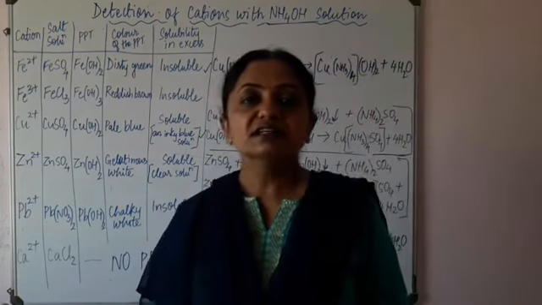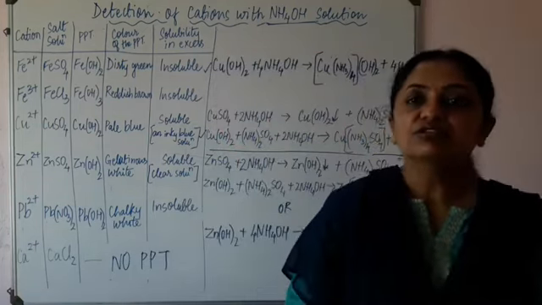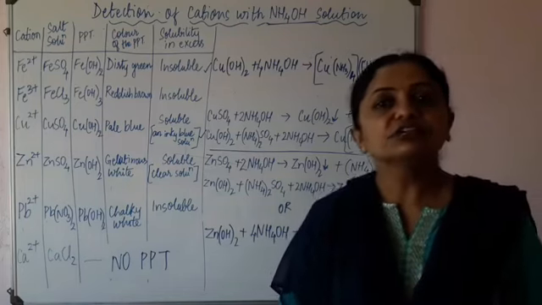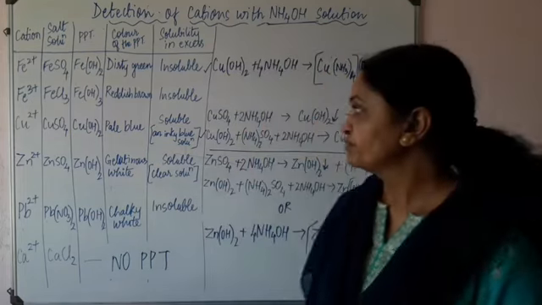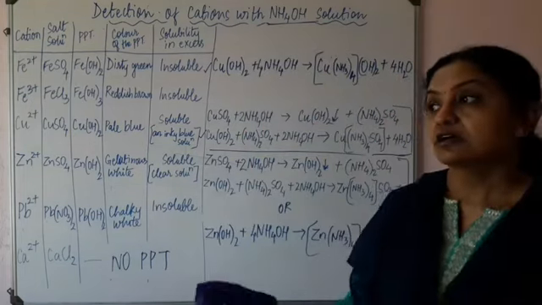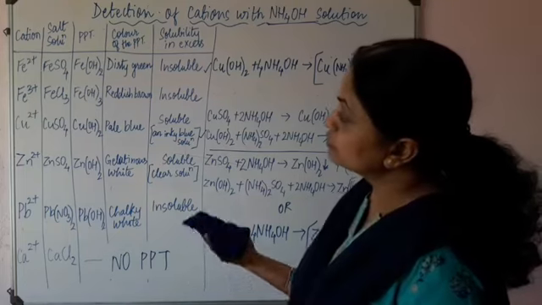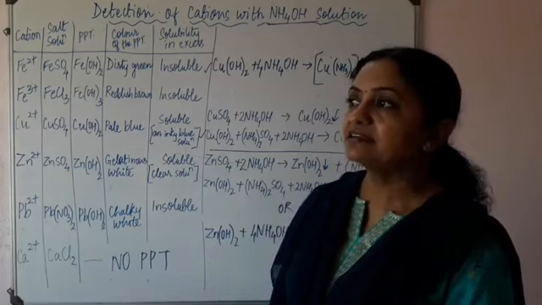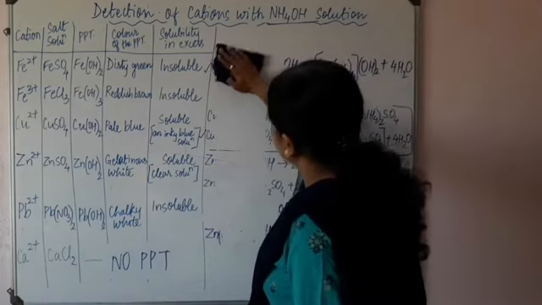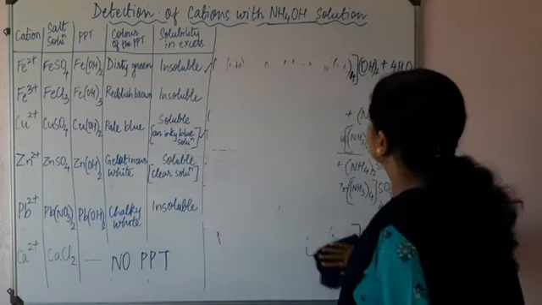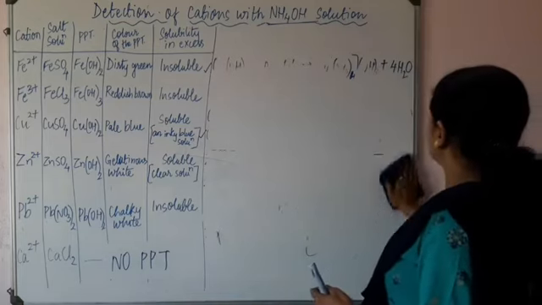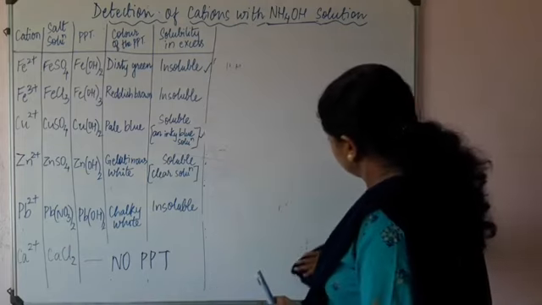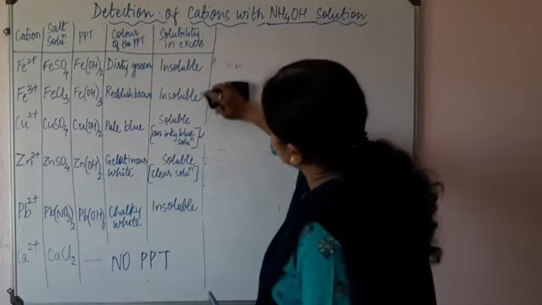Now in this case again, let us understand what is very important. If it is asked how will you distinguish between zinc and lead ions, that type of question can also come. I told you in the previous case also, see this table where objective type questions, reactions, observations, all this you have to prepare.